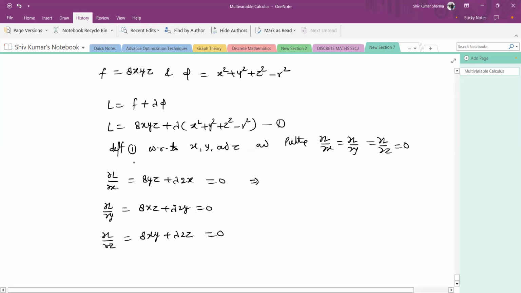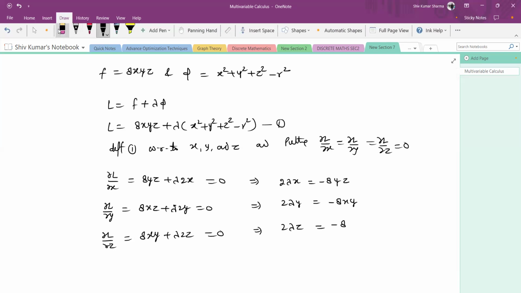So when we solve these equations, we get 2 lambda x is equal to minus 8yz, 2 lambda y is equal to minus 8xz, and 2 lambda z is equal to minus 8xy.